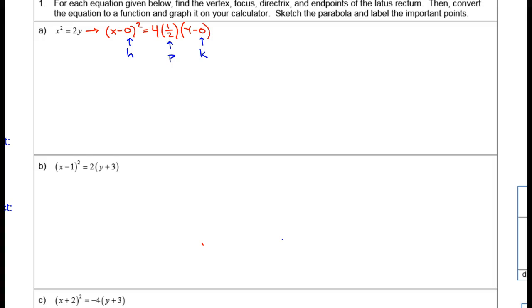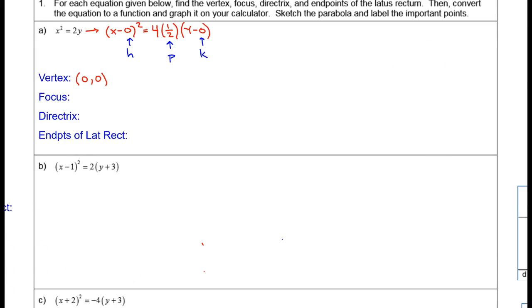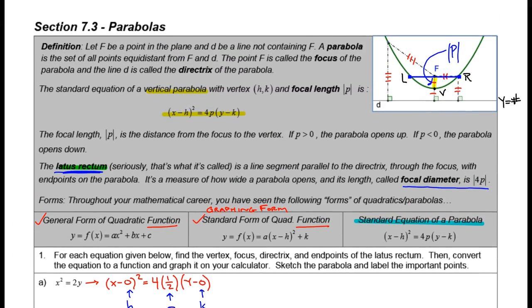Alright, so we were asked to identify a couple of those features here. Let's go ahead and do that. My vertex, that's pretty easy, it's h comma k, so that's 0 comma 0. My focus, well remember the focus is in this case going to be above the vertex, and it's going to be above the vertex by p units because this focal length is p units, so I'm going to be p units above that.